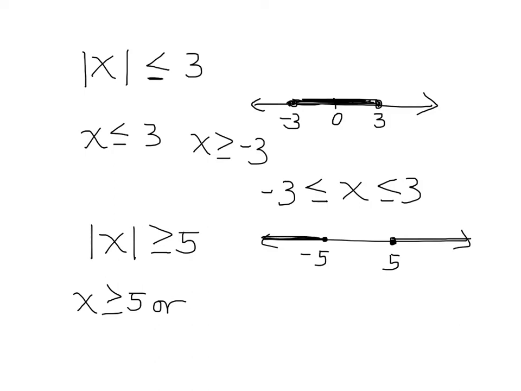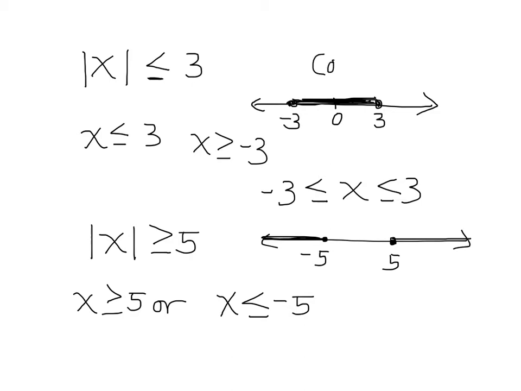Because on the negative side of things, absolute value increases as the numbers get smaller. So, I'm not sure if I said that right, because I was thinking about something else. So in this one, x is greater than or equal to 5, or x is less than or equal to negative 5. In this one, x is between.